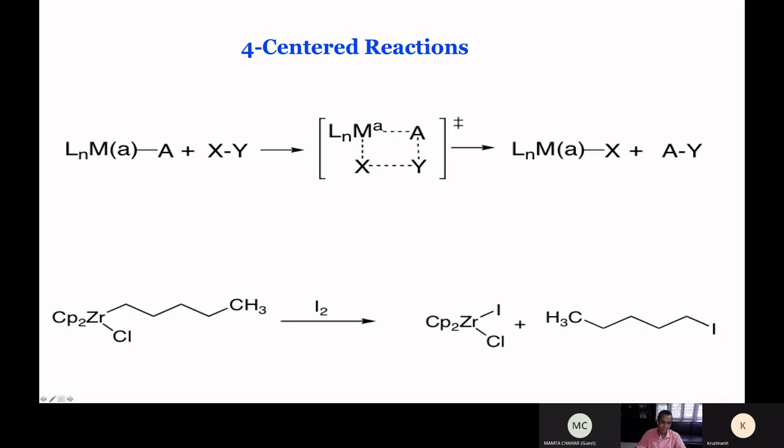As you have seen previously, you can undergo oxidative addition. You can insert the metal into it and then reductive elimination to give you these two products. So you see XY was there, X is now replaced by A. You form AY and the metal-X complex, right?